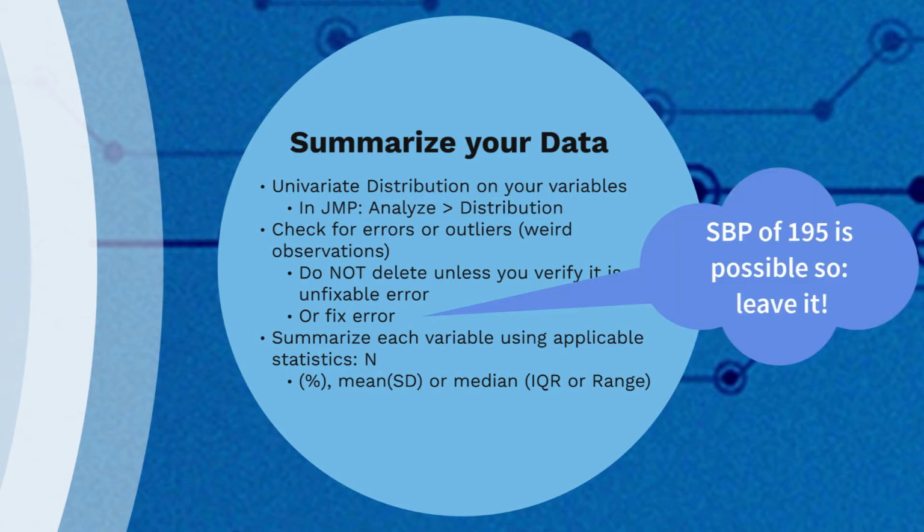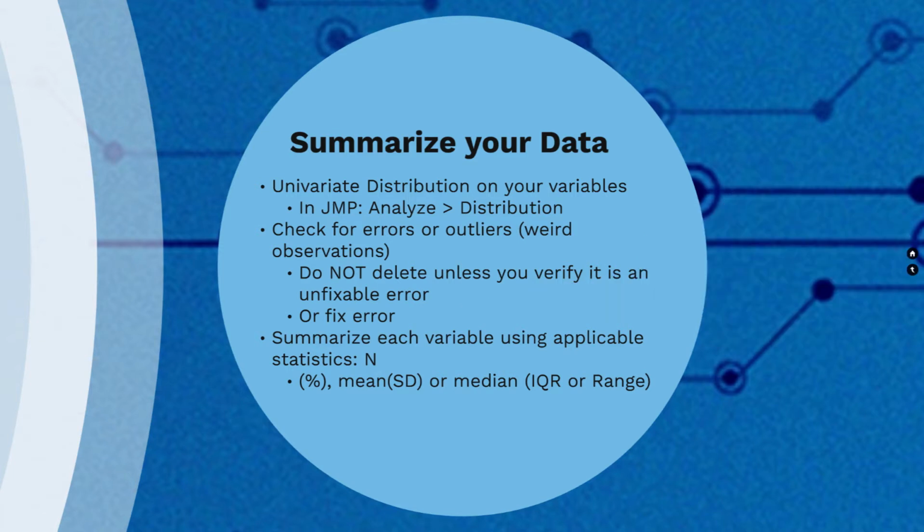If, however, you see a systolic blood pressure of 195, even though that's very extreme, that's still a possible value. Verify that any of your outlier or extreme values are not simply errors. If they're errors, fix them. If they're not errors, but they are possible values, leave them in.